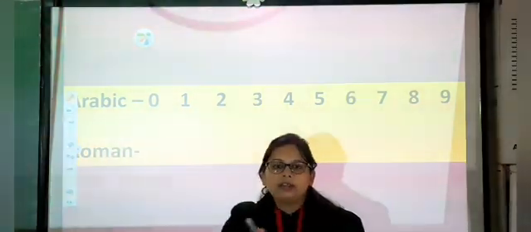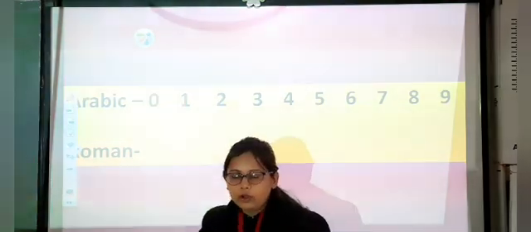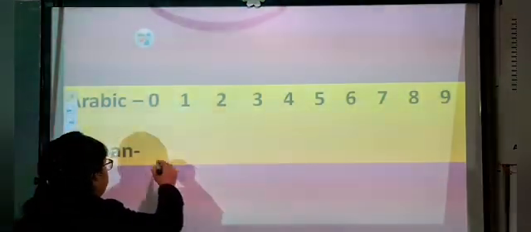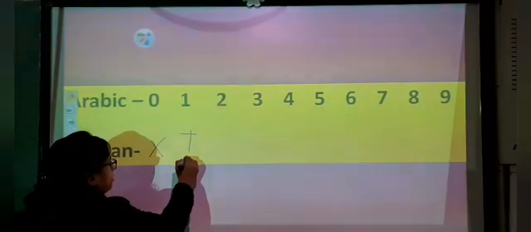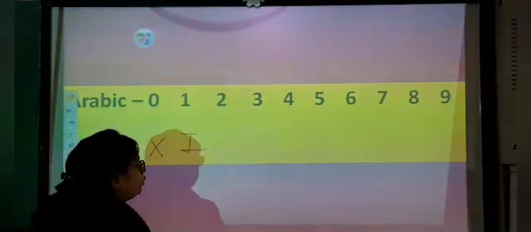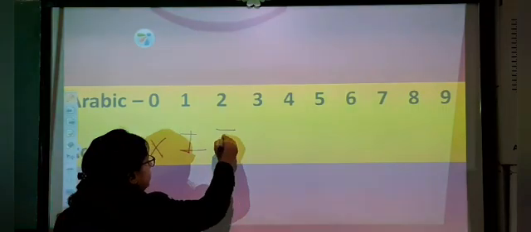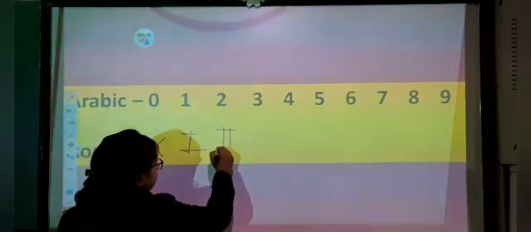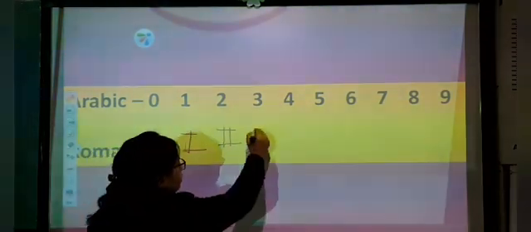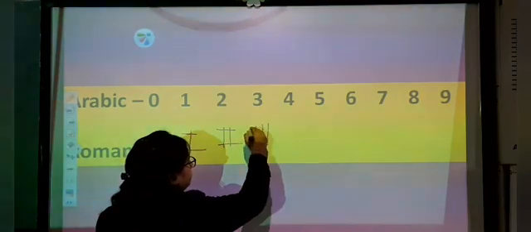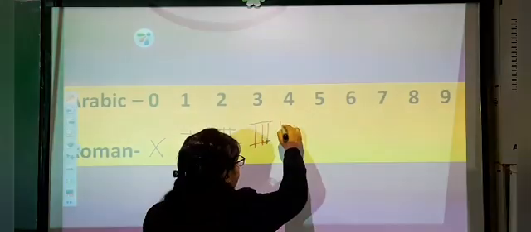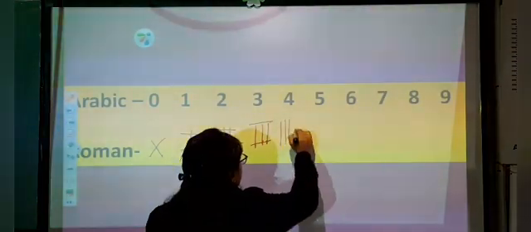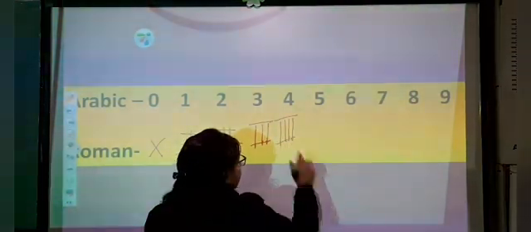Well children, there is no symbol for 0. For 1 we write I, for 2 double I, for 3 triple I, and what is for 4? Now you might be thinking that for 4 we can write four I's.